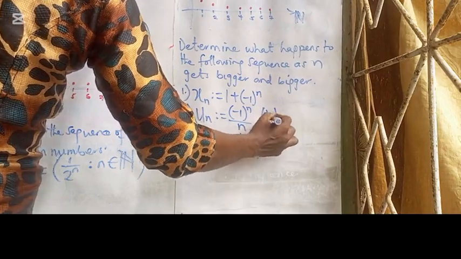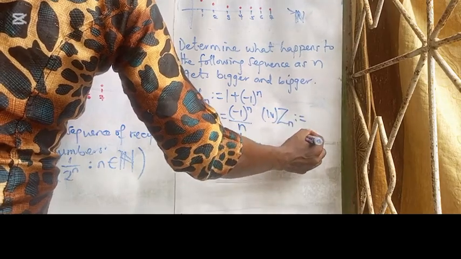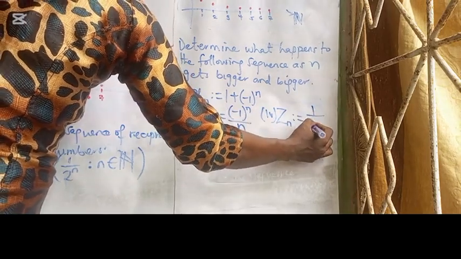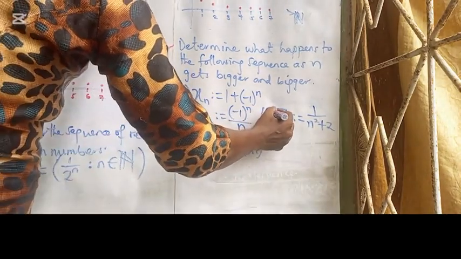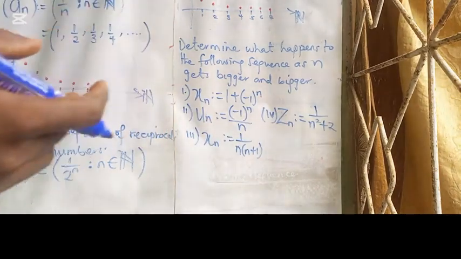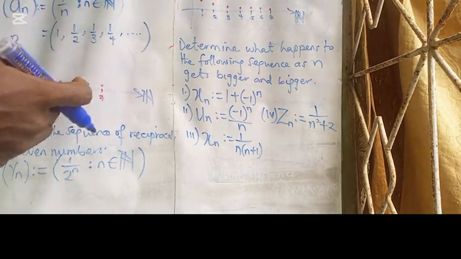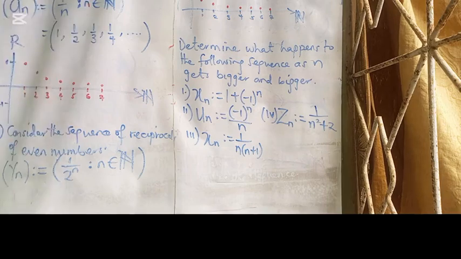And lastly, the sequence zn defined as 1 over n squared plus 2. Bring out the terms of the sequence and let us know what happens to the terms as n gets bigger and bigger.